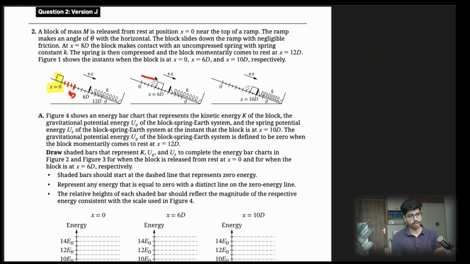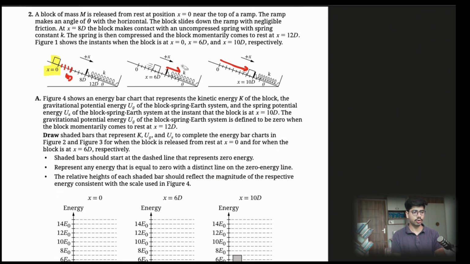As you release the block, the gravitational potential energy converts to kinetic energy, and this is figure 2 that they have shown. This is image 3, and as you release it, the gravitational potential energy first converts to kinetic energy. After that, as the spring starts compressing, spring potential energy gets stored in it.